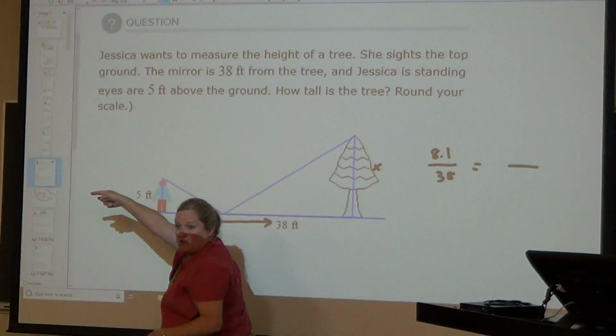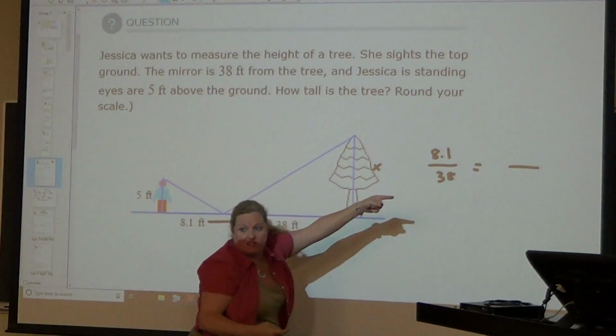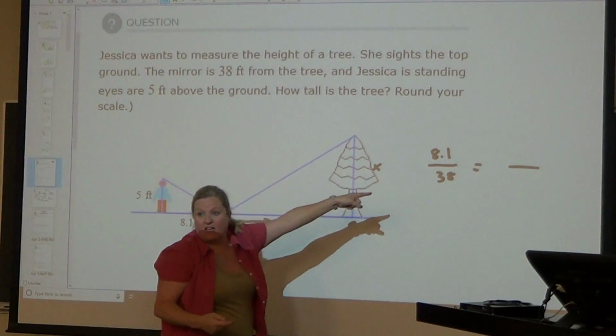So you did the first shape over the second shape. So for your other fraction, you've got to do the first shape over the second shape. What is your other fraction going to be? Yes, so you've got to do 5 over X.